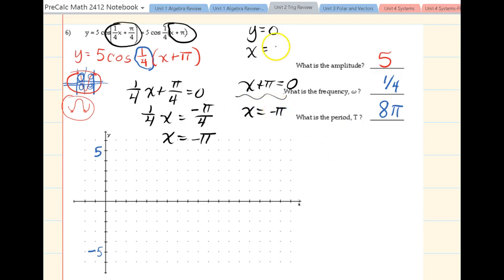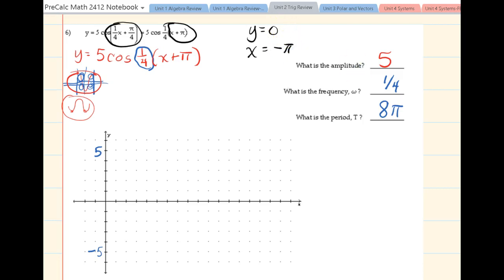What does that mean to us? That we need to start our x-axis at -pi. So let's come to our graph. So we see y is equal to 0 is our original x-axis, so we have that one. At x is equal to -pi, we can do that anywhere, and just because my y-axis is here doesn't mean I need to start there.